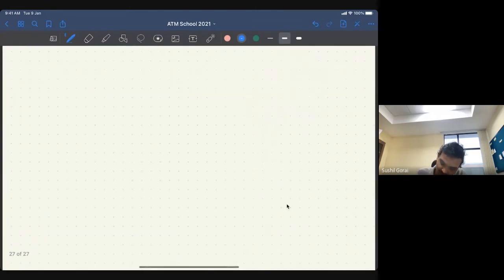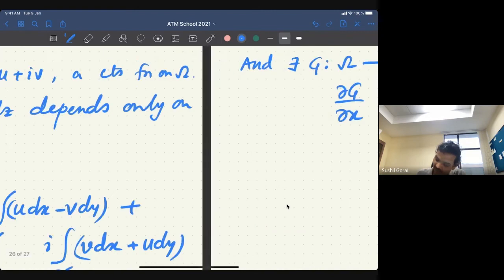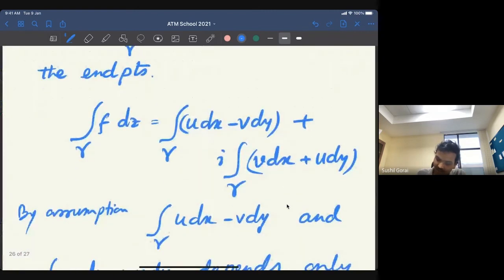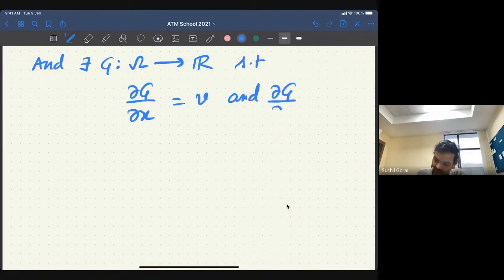And there exists g from omega to R, actually C1, such that del g by del x is v and del g by del y is u on omega.